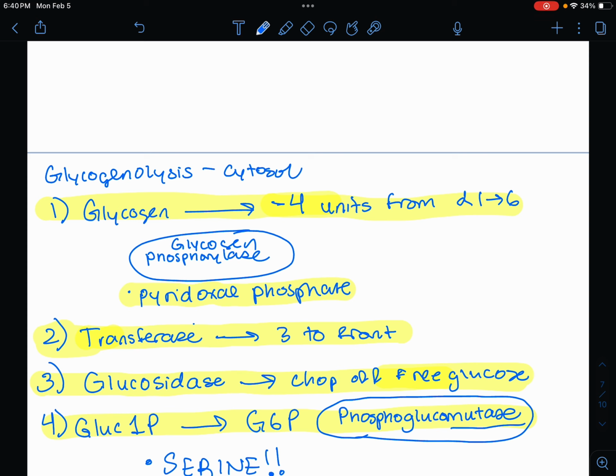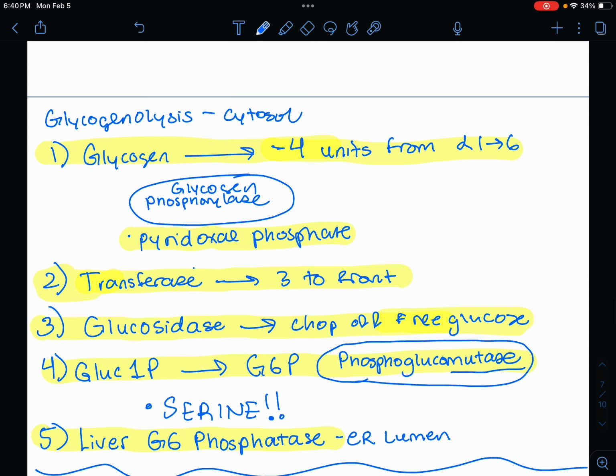All right, so again, a brief run through of all the steps. First step is we're going to take our glycogen and continuously cleave until we are 4 units away from the alpha 1 to 6 linkage. We're going to cleave all of those from the non-reducing ends.